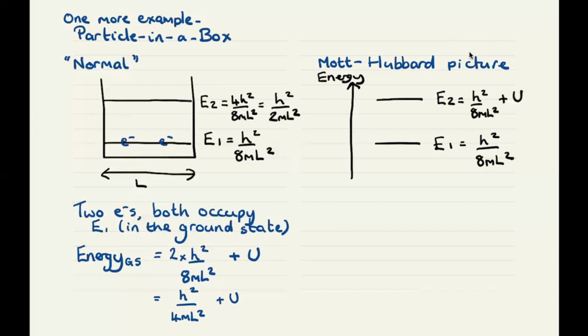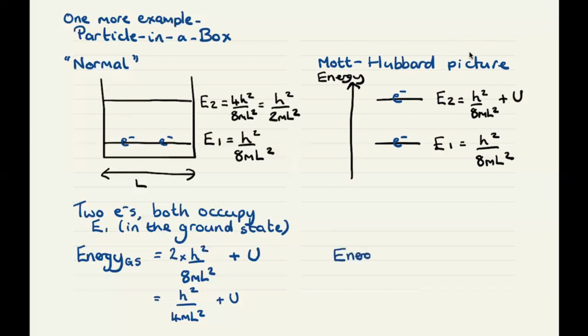And for our 2 electrons, each energy level now can take just 1 electron. The first one goes into the first energy level. The second one has an energy which is U higher. It's the electron-electron repulsion higher in energy than that for the first electron. So in this case, we get the same answer.